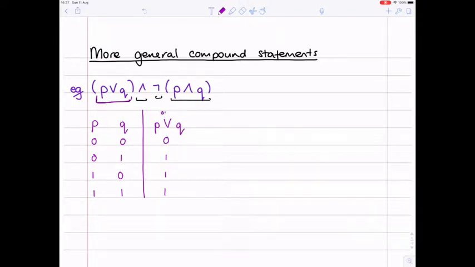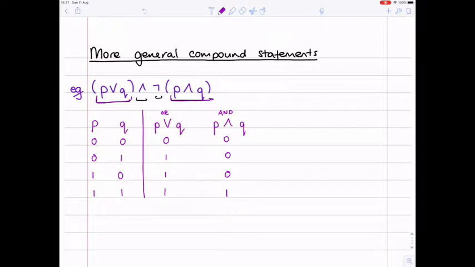So remember, this is OR. And we're also going to need P and Q. And this is only true when both P and Q are true. The rest of the time, it's false.